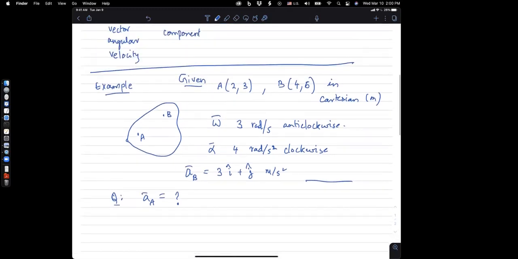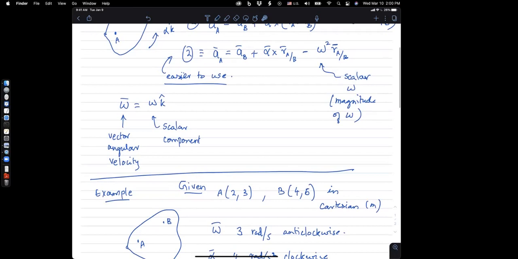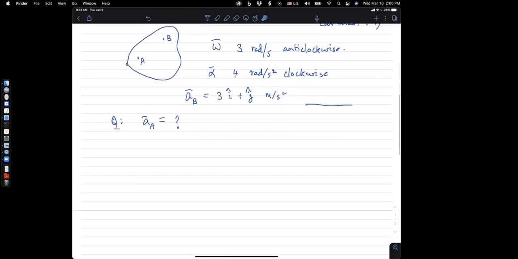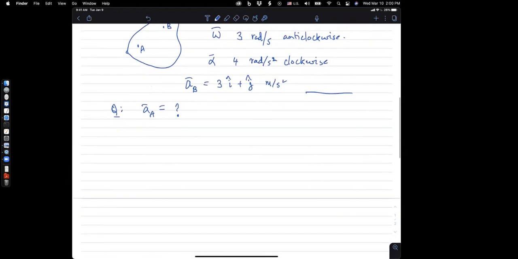You basically just use this formula, except you have to interpret what we mean by anti-clockwise and clockwise. By convention, positive alpha and omega are anti-clockwise.